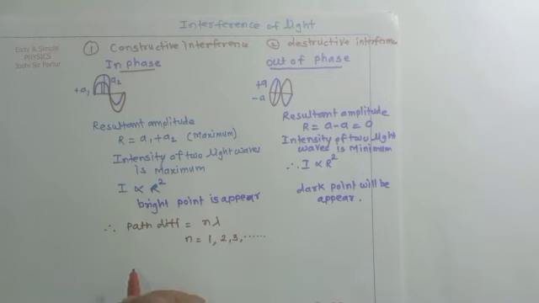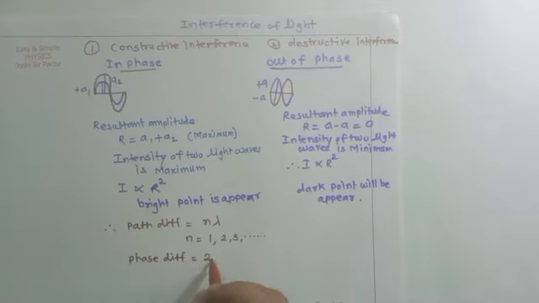Or another condition is if phase difference is equal to 2 pi n, n is 1, 2, 3 and so on, then the point appears as bright.